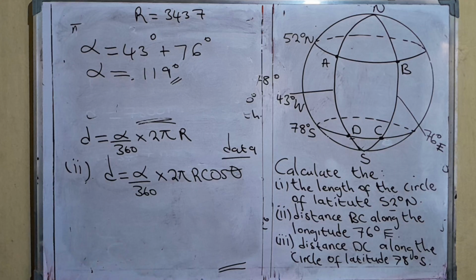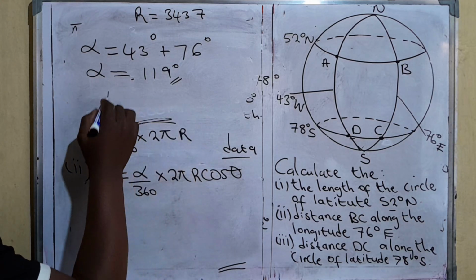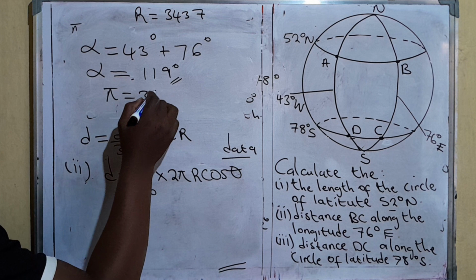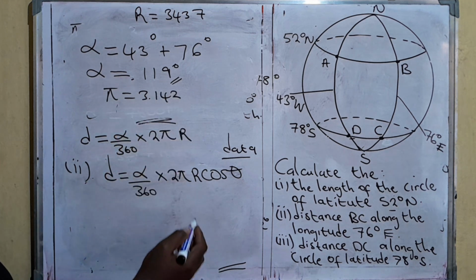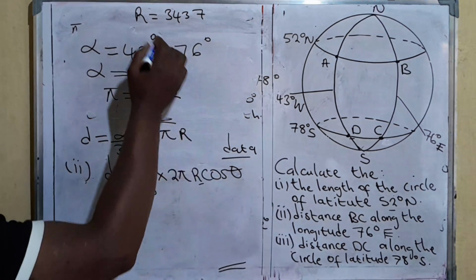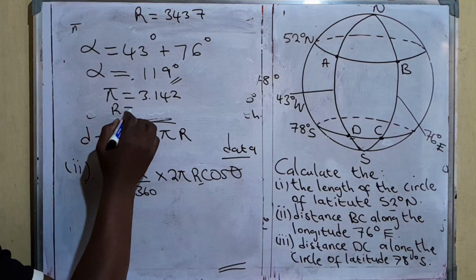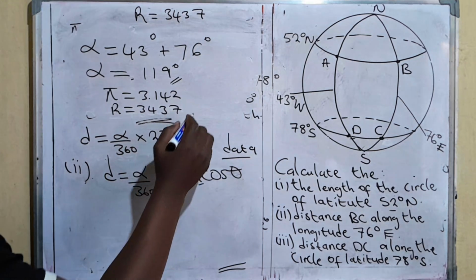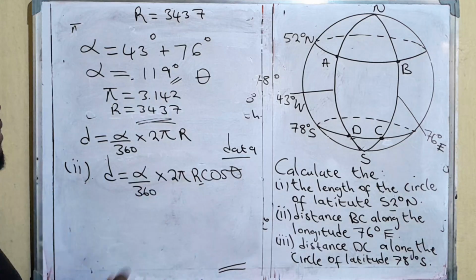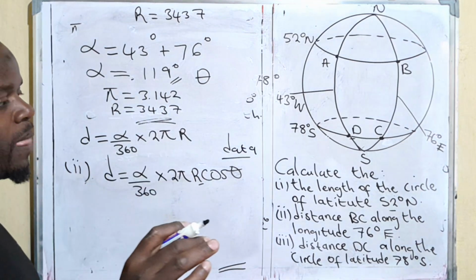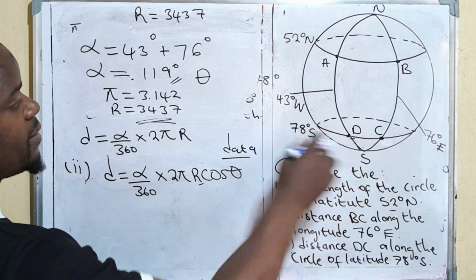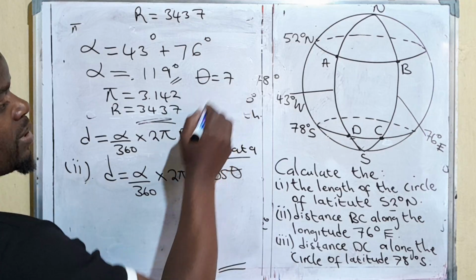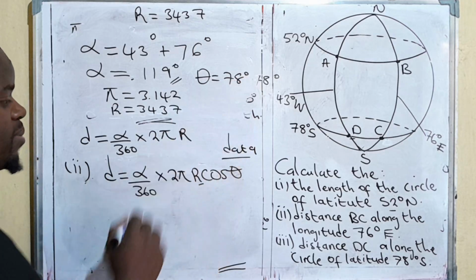Now, after having done that, we can take note of pi. Pi was given as 3.142, and the radius of the Earth is 3437 in nautical miles. Then theta is the latitude where those two places are seated, so theta is equal to 78 degrees.